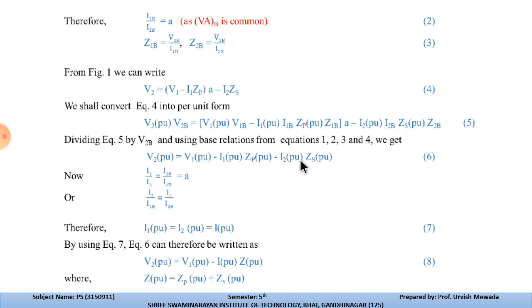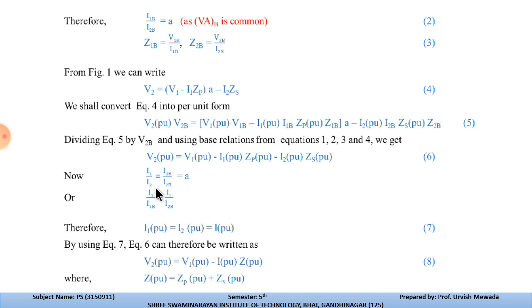Using the base relations from equations 1, 2, 3 and 4, the equation will become V2 per unit. So V2 base is cancelled out over here, then V1 per unit minus I1 per unit into ZP per unit minus I2 per unit into ZS per unit.